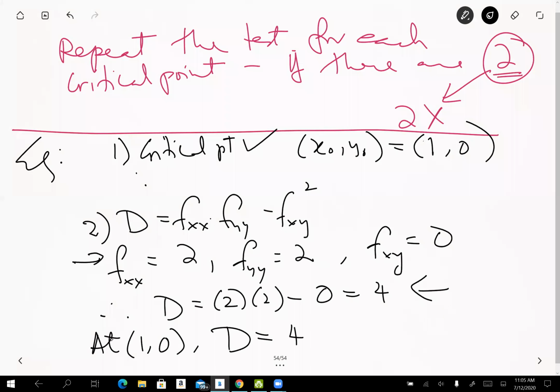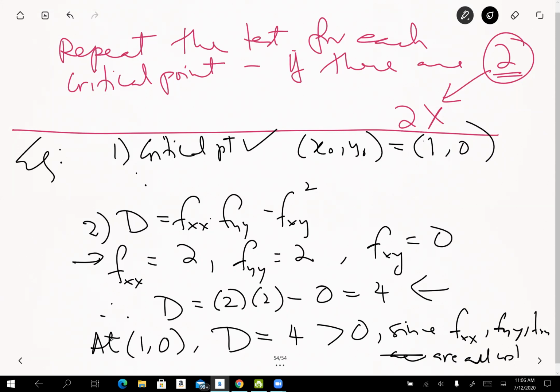So D is equal to 4, which is bigger than 0, since fxx, fyy and fxy are all constants.